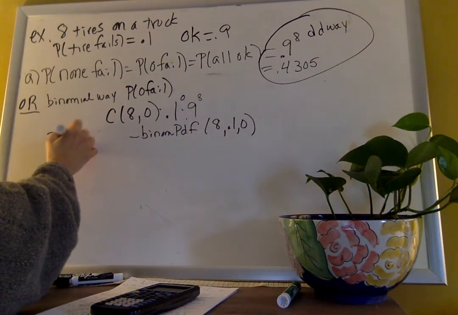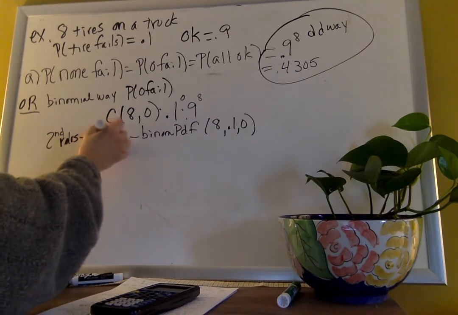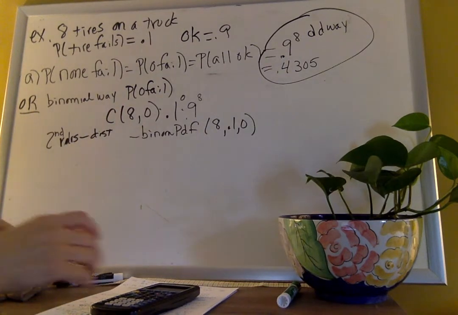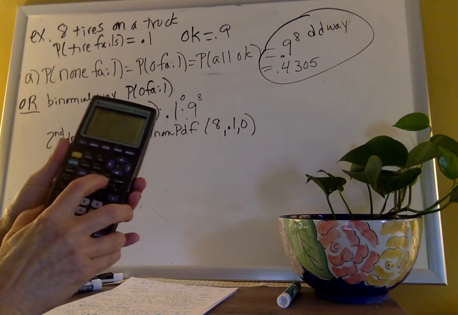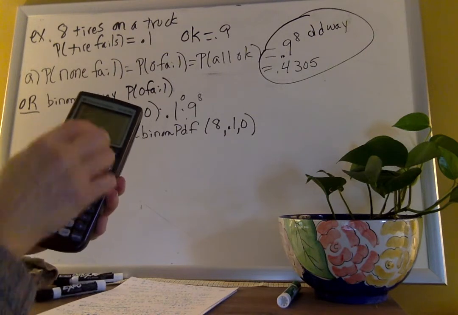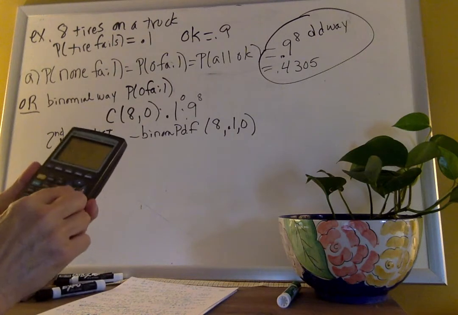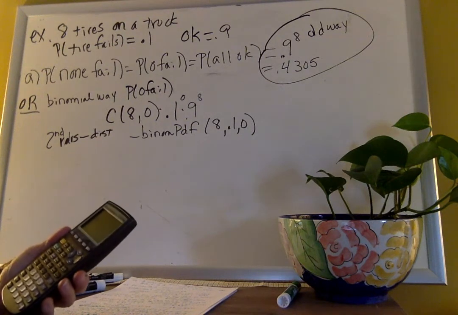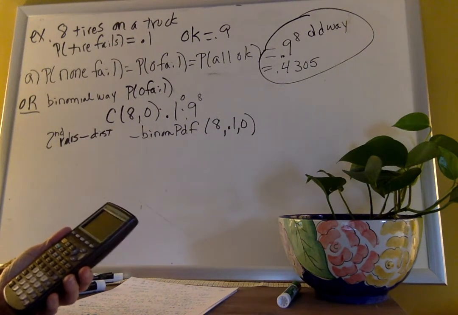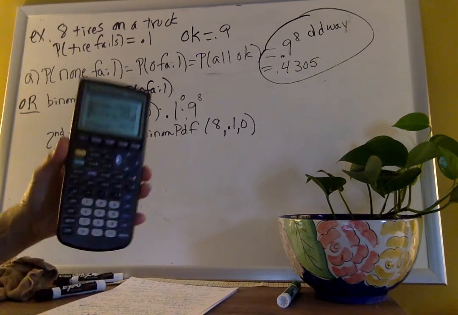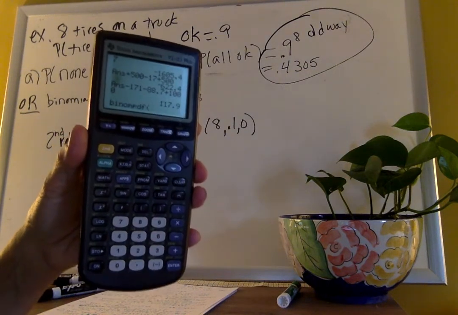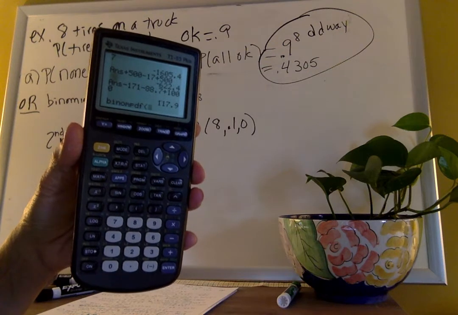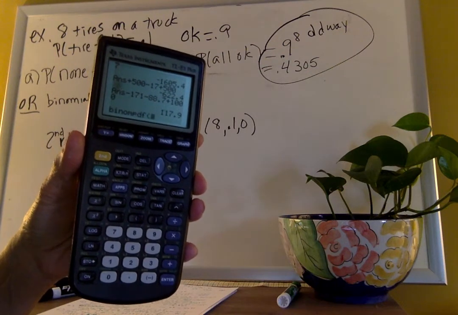Second of vars pulls up distribution. Don't stop at the normals. Scroll on down. On mine, it's number 0. It says Binom PDF. When I select it, again, if you have an older calculator, yours is going to be blinking just like mine. And you're like, well, what do you want from me?